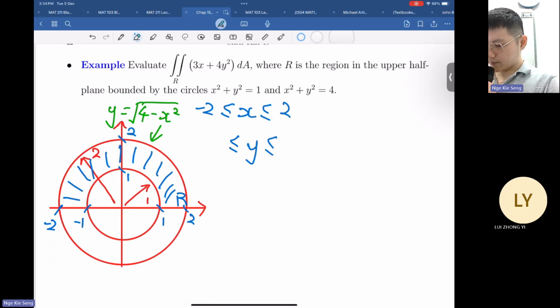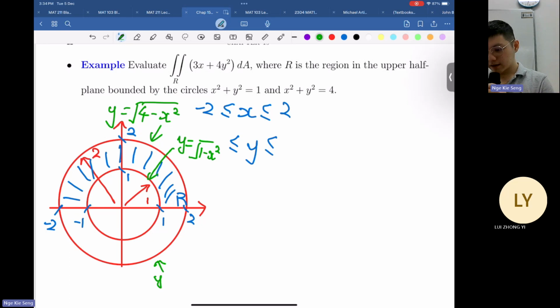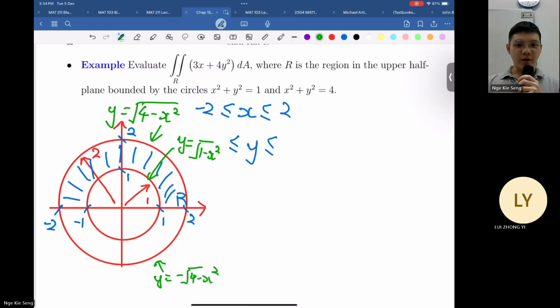How about the inner one? y equals the square root of 1 minus x squared. Does it make sense to everyone? The top one is the positive square root, but the bottom one is the negative square root. Okay or not?